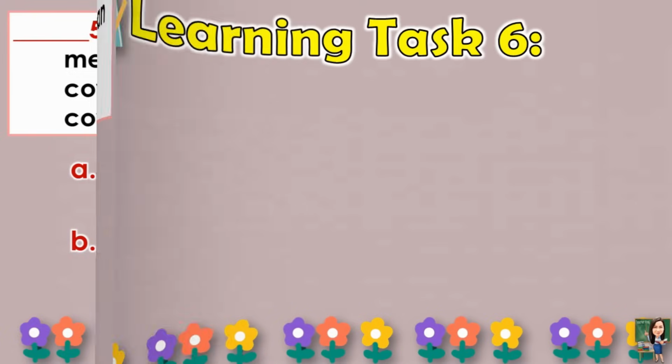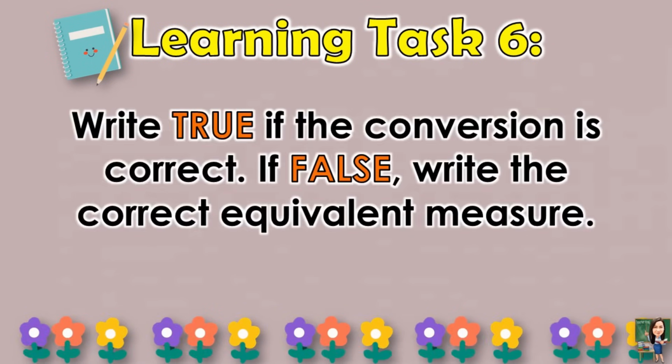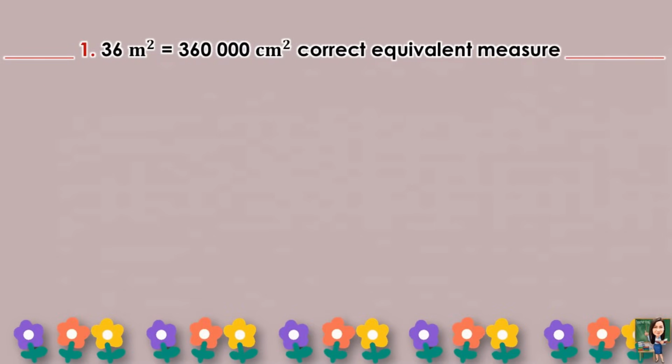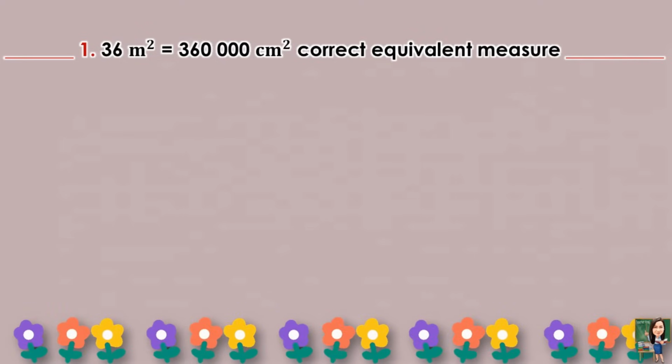And for our last activity, learning task 6, write true if the conversion is correct. If false, write the correct equivalent measure. Number 1. 36 square meters is equivalent to 360,000 square centimeters. Is it true or false? Very good.